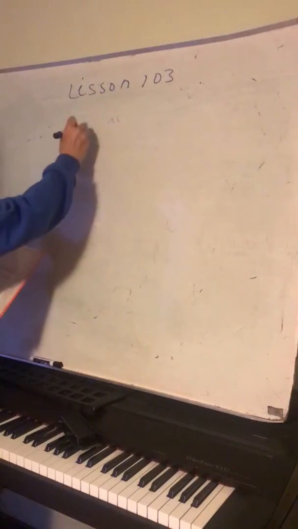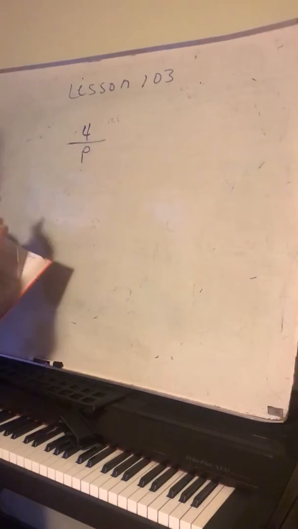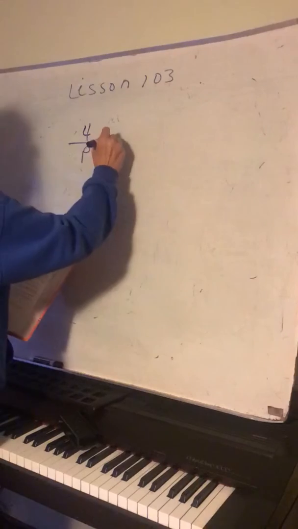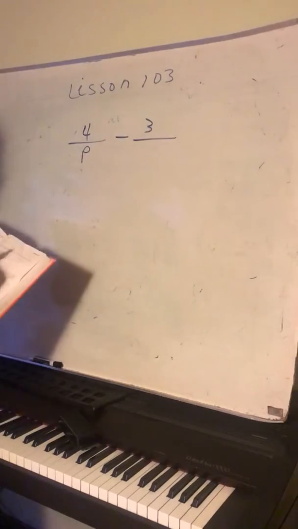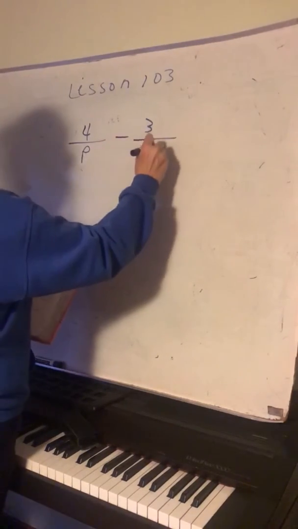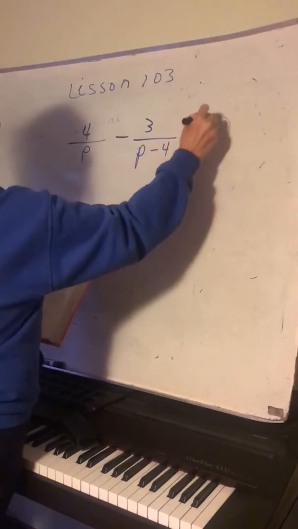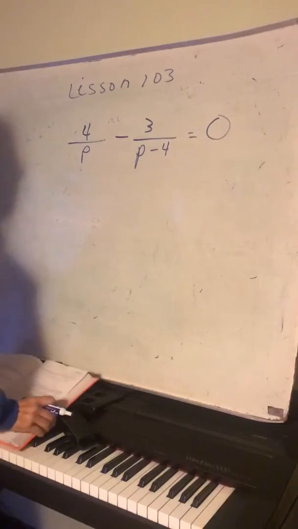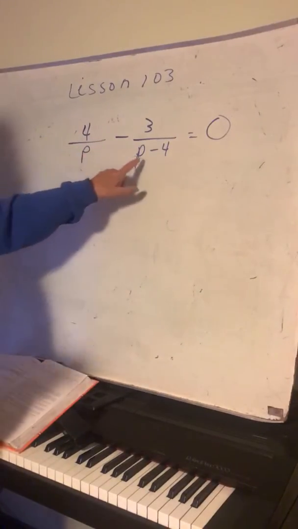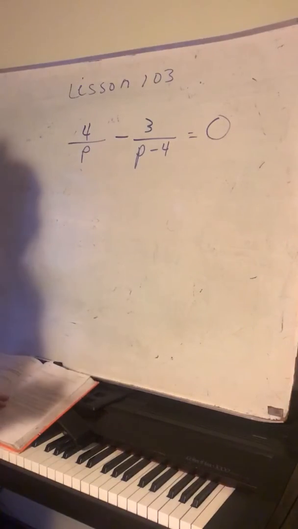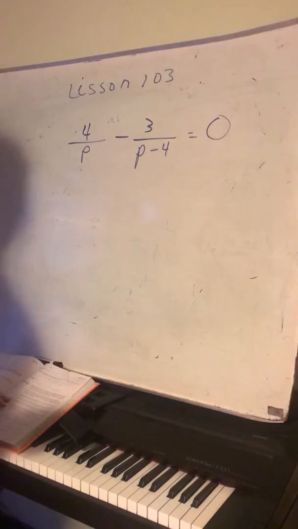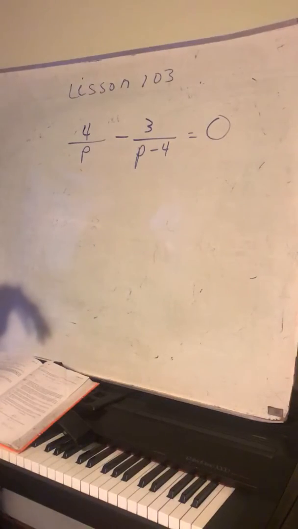Okay, here's another one. 4 over p minus 3 over p minus 4 equals 0. So this one right here, you know that p cannot be equal to what?